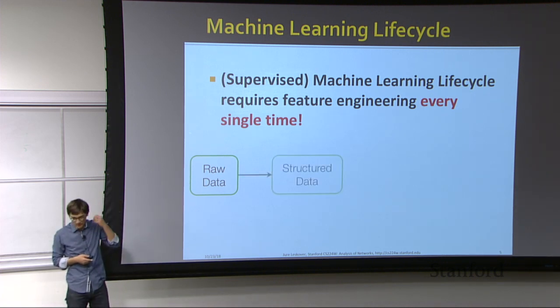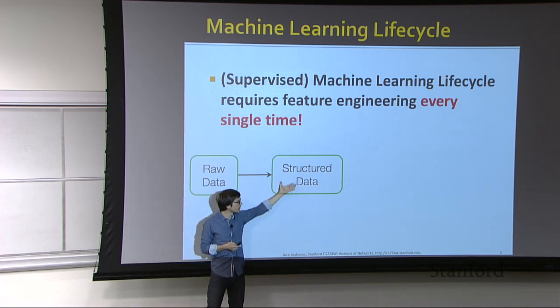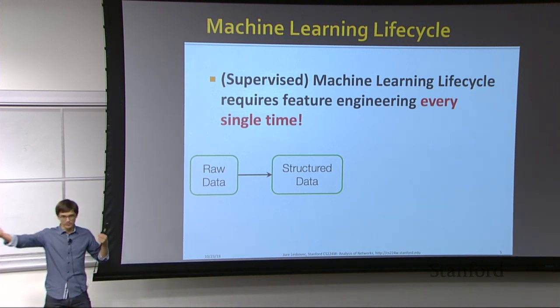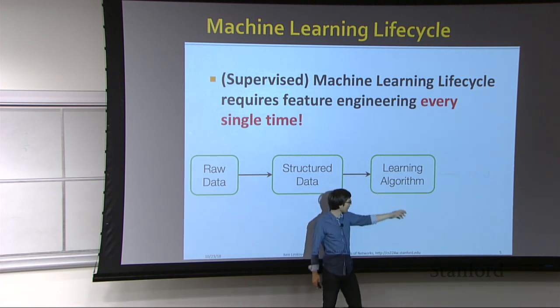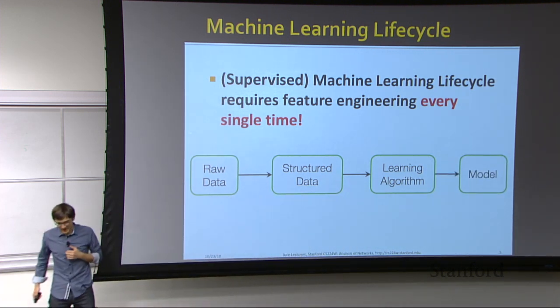So basically, we always have this idea that we need to take our raw network, our raw data, and create a set of structured data where we describe every node with a set of features, so that we can then apply some learning algorithm and build some model that can do some prediction for us, some task, right?